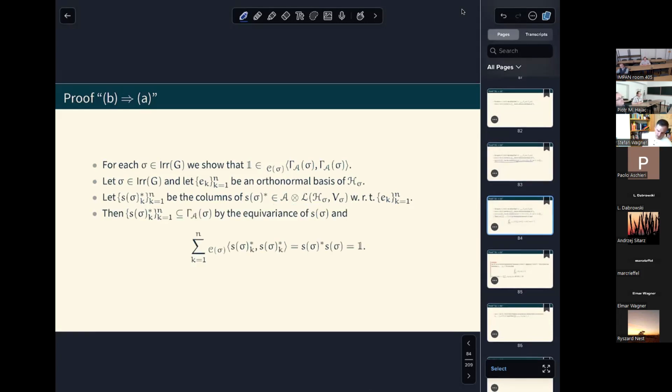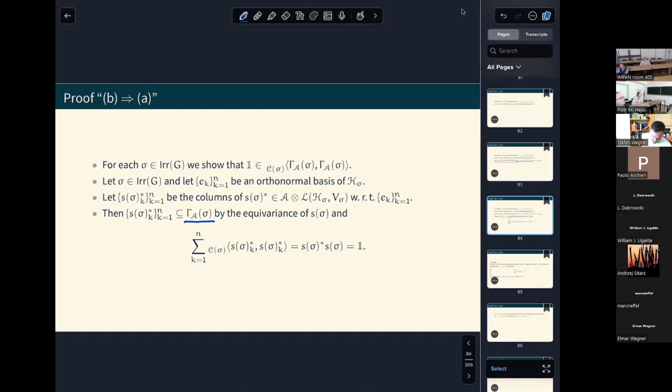And what you can show then, by the equivariance property of this S sigma, is that each of these columns will lie in this associated vector bundle. And then it's really just matrix computations.